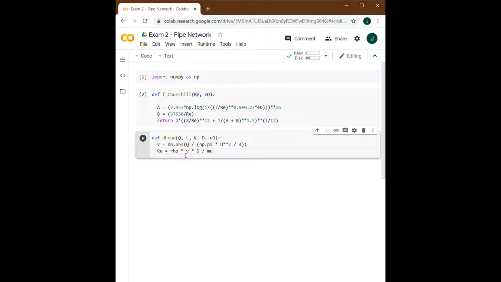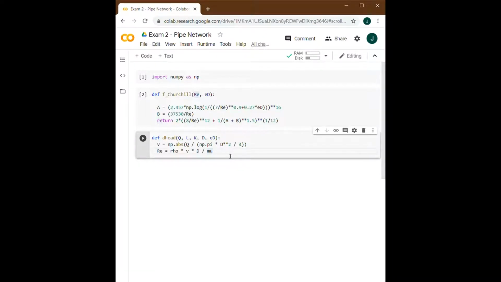When we apply this to the pipe system, we will define rho and mu for the gas that we're going to be using. For this function, we're going to leave them as variables that will be defined elsewhere.